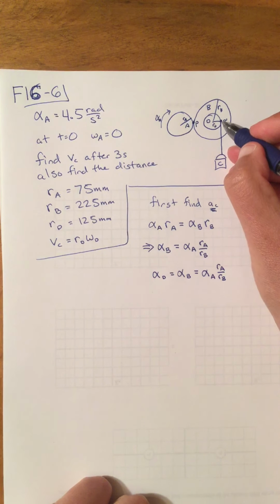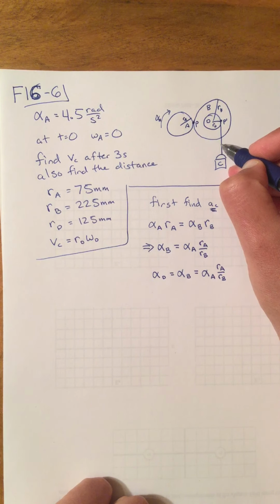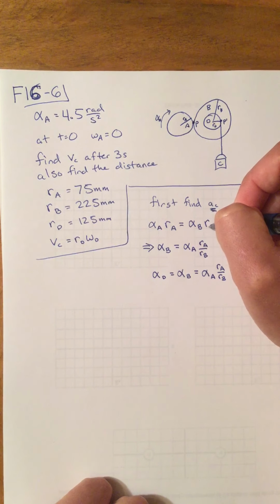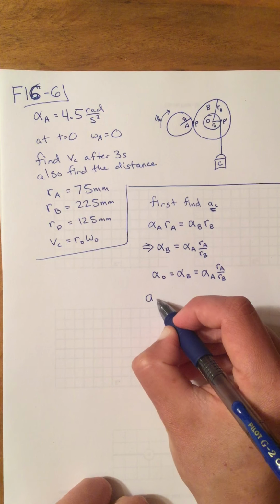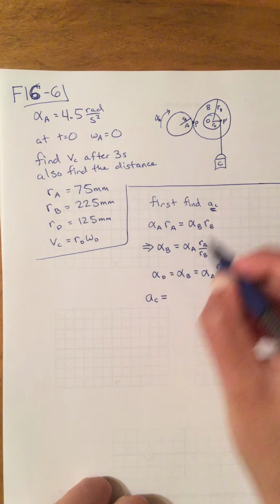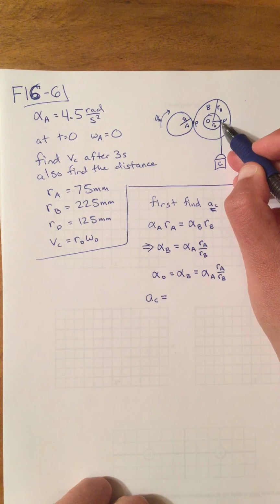Now if I look at point P prime, the tangential component of the acceleration here must be the same as the acceleration of point C. So using the same formula, the acceleration of C is the same as the tangential component of the acceleration at point P prime.